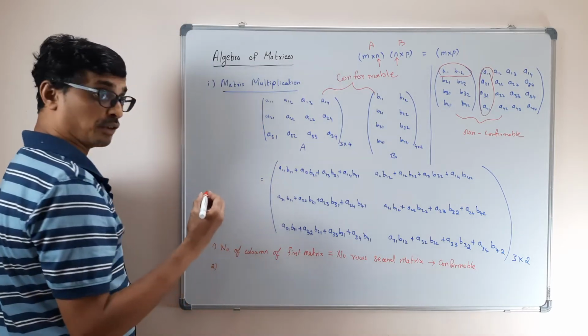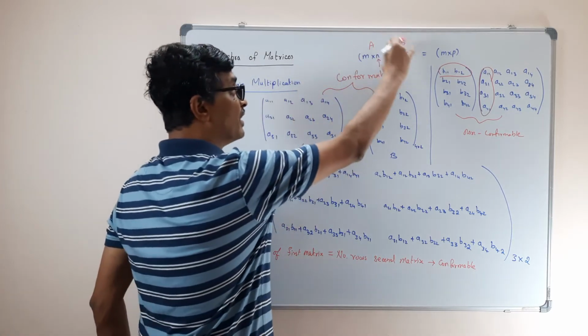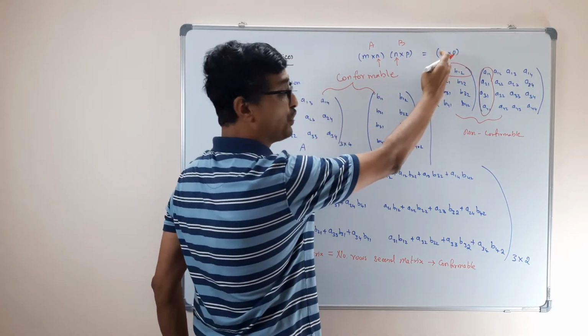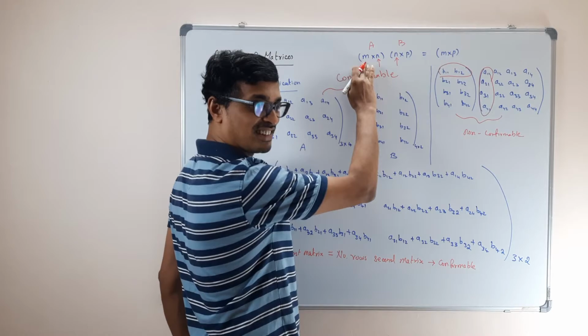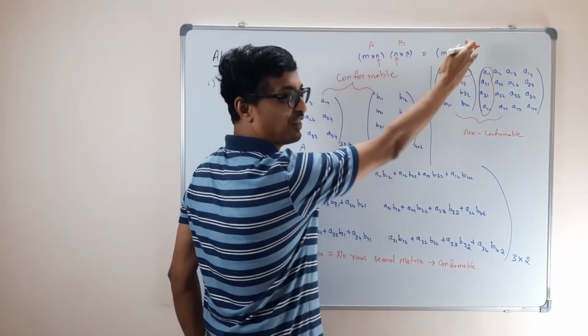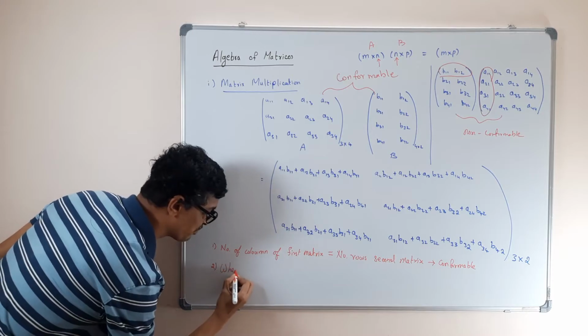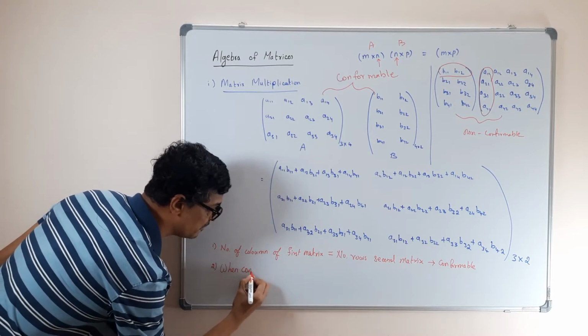Then what I am going to say is, when you multiply conformable matrices, the resultant matrix will have rows equal to the first matrix and columns equal to the second matrix.